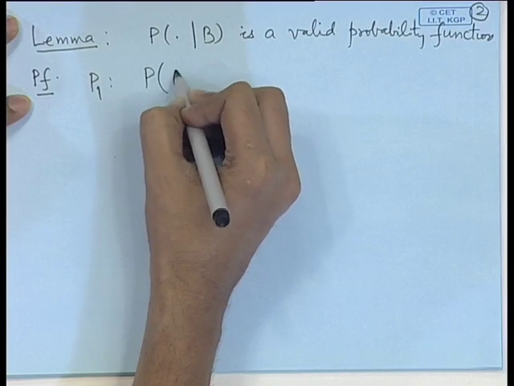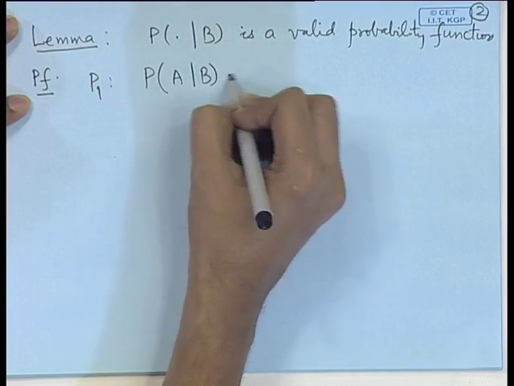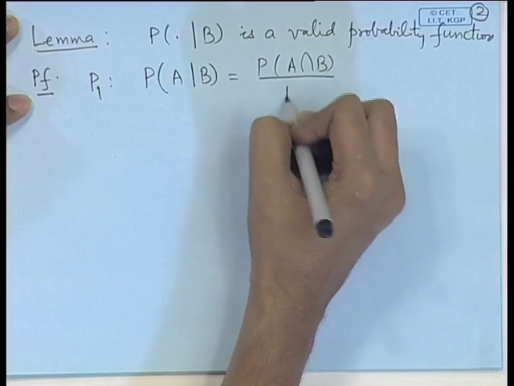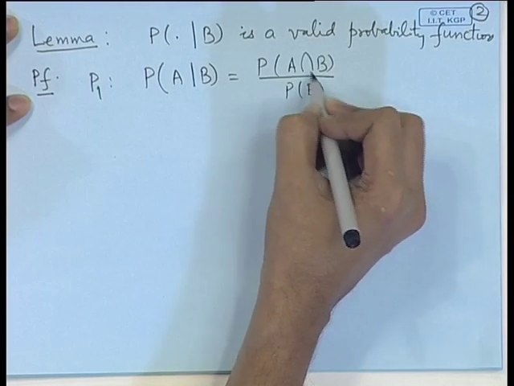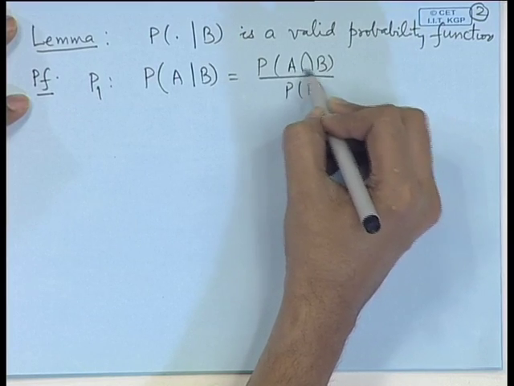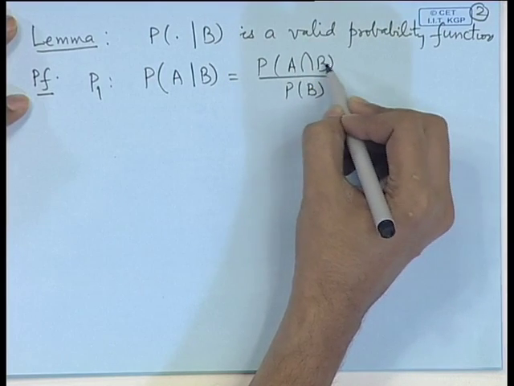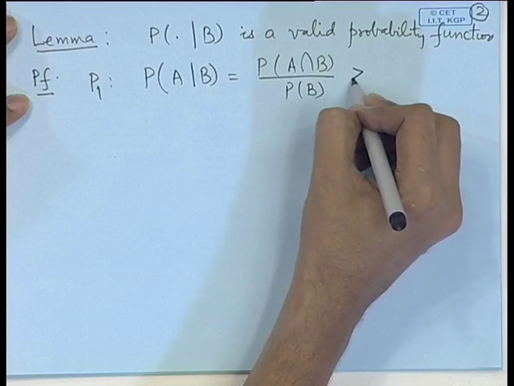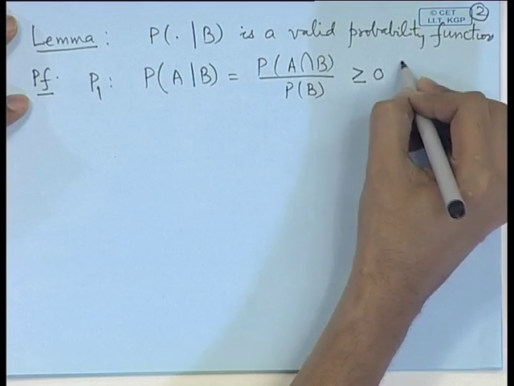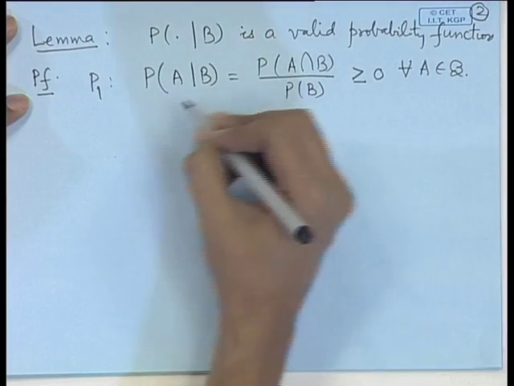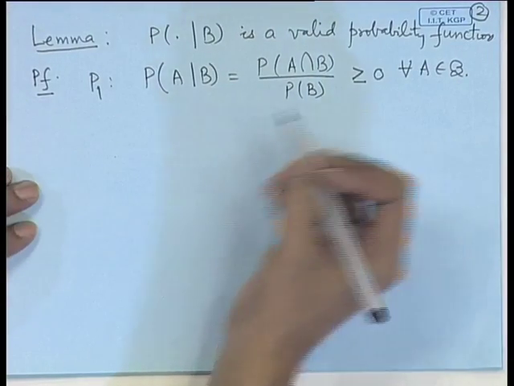Probability of A given B is equal to probability of A intersection B divided by probability of B. Now, probability of A intersection B is always greater than or equal to 0, and probability of B is strictly positive. Therefore, this is always greater than or equal to 0 for all events A. So, the first axiom is satisfied.